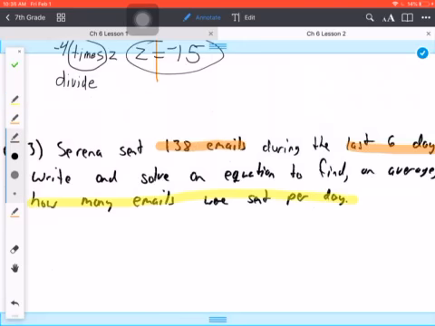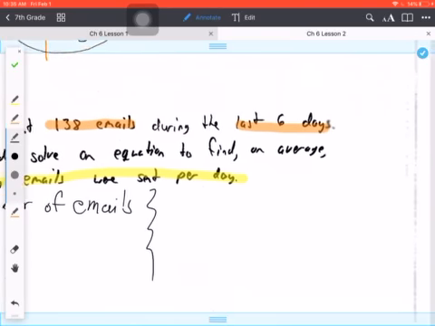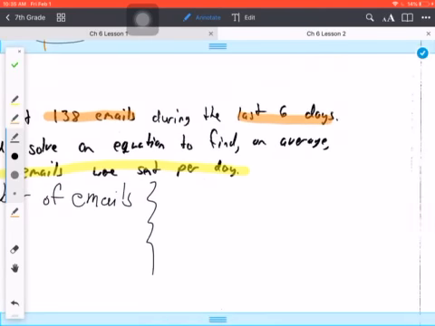So I'm going to create a variable to help me solve this question. My variable is going to be e, because that is going to represent number of emails. I'm going to separate this just a little bit here. So now, as I'm going through this, 138 emails in the last 6 days.